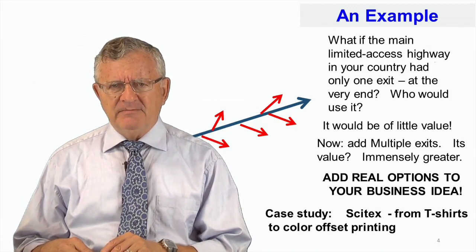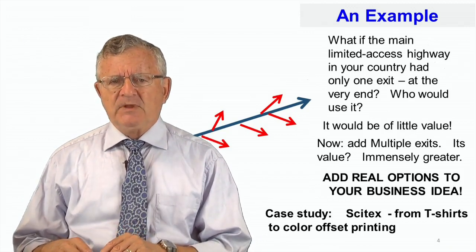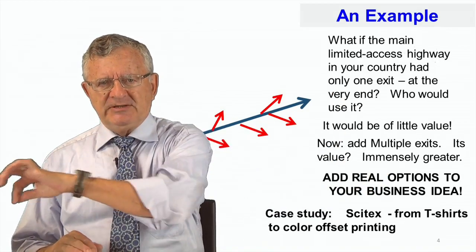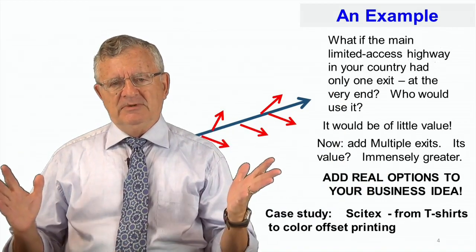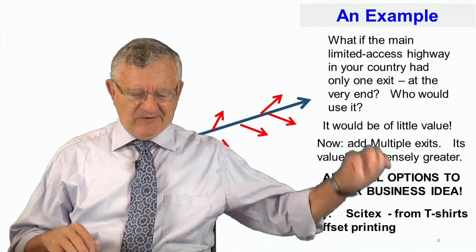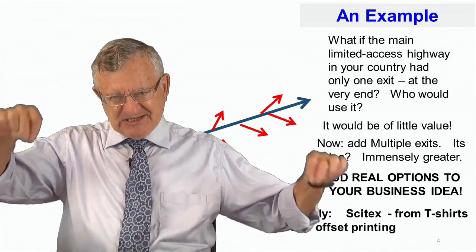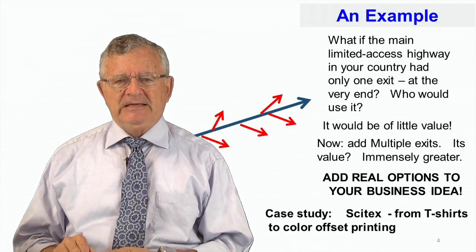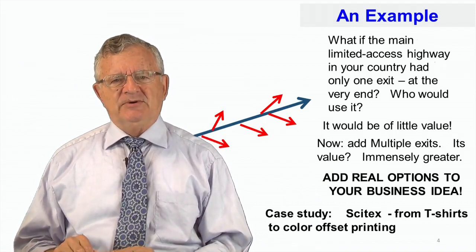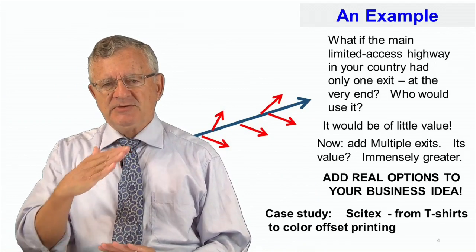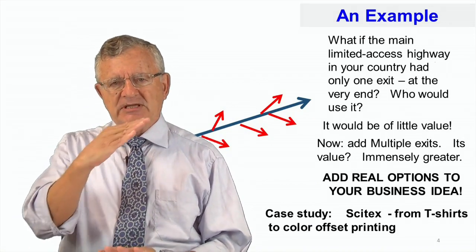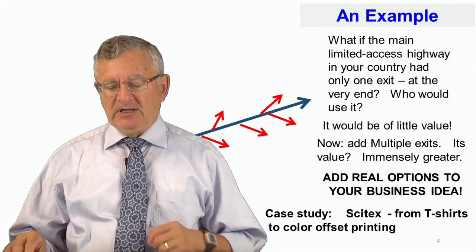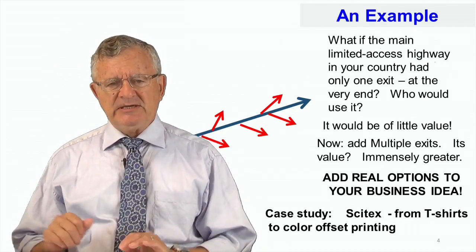But think of a limited access highway that only had one entry point and one exit point at the very end. Unless you were going from one place to another precisely where the highway goes, it wouldn't be of any value at all. So why build your business that way? Why not build possible multiple exits into other opportunities and increase the value of your company? There's so many examples.